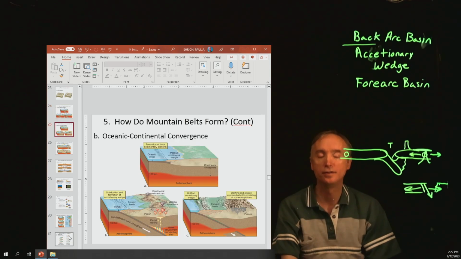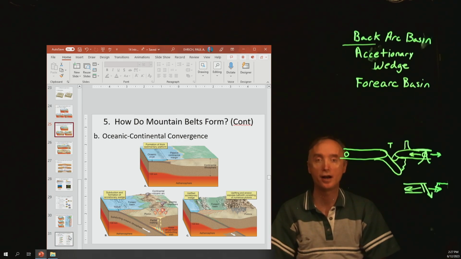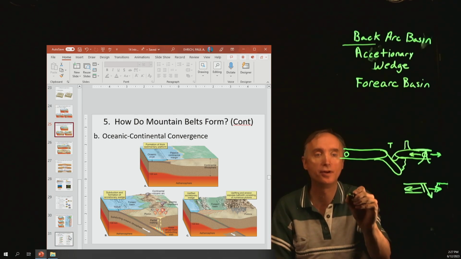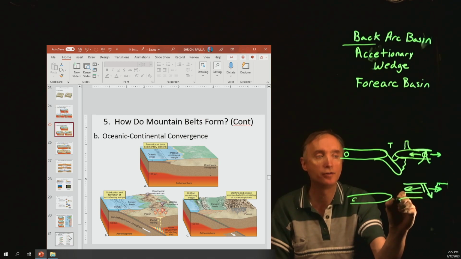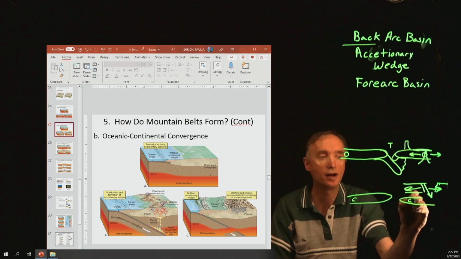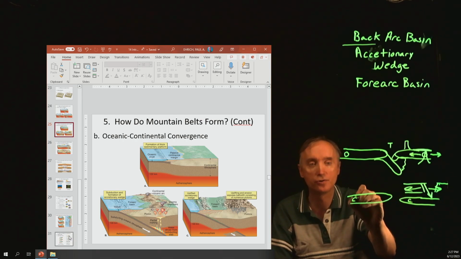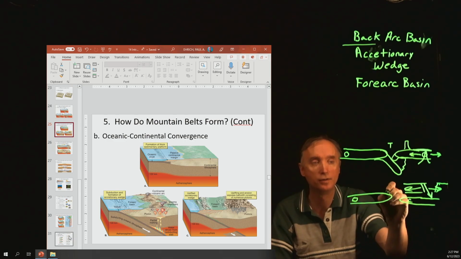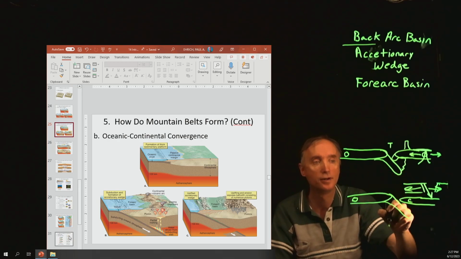Okay, the next thing that could happen is an ocean could collide with a continent. So here you've got the ocean plate again, but this time this plate over here is going to be a continental plate. So this one's oceanic, this one's continental. The ocean plate's going to go underneath it just like it did before.